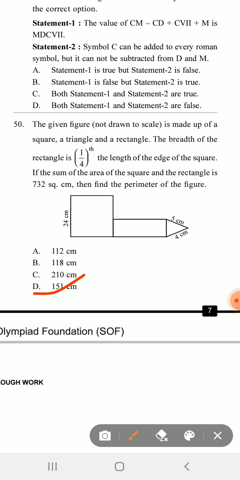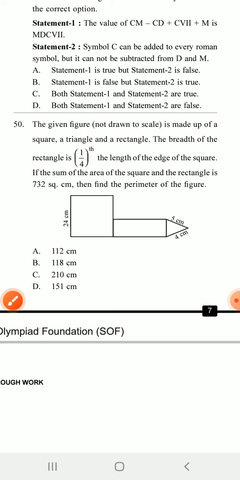The breadth of the rectangle is 1/4 the length of the edge of the square. So how can you find out the breadth? So the edge of the square is 24. So 24 into 1 by 4, so 6. 6 is the breadth of the rectangle.